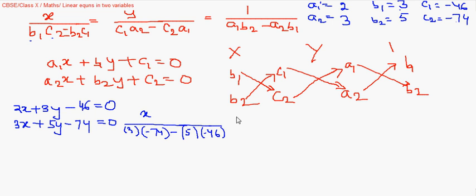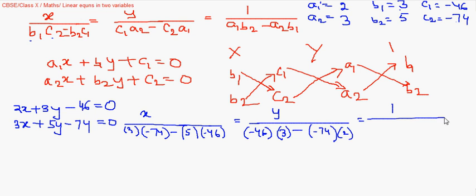This is equal to y by c1 a2 minus c2 a1, that is minus 46 into 3, minus minus 74 into 2. This is equal to 1 by a1 b2 minus a2 b1, that is 2 into 5 minus 3 into 3.